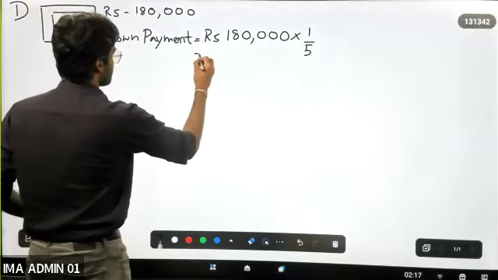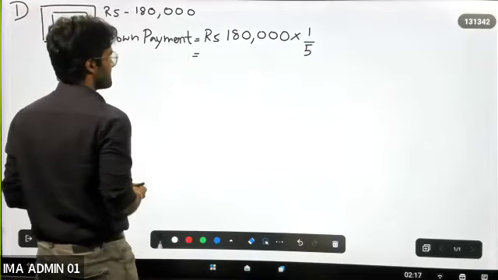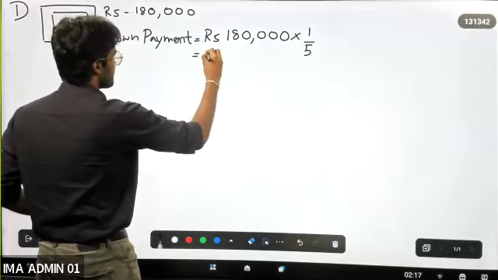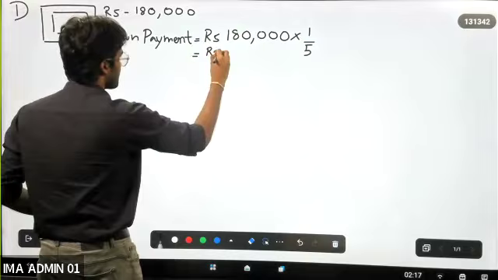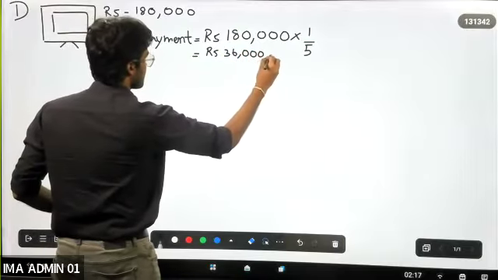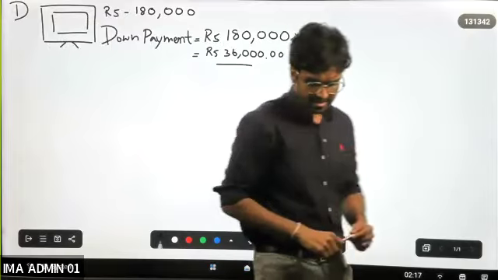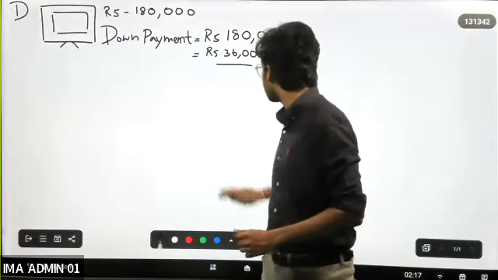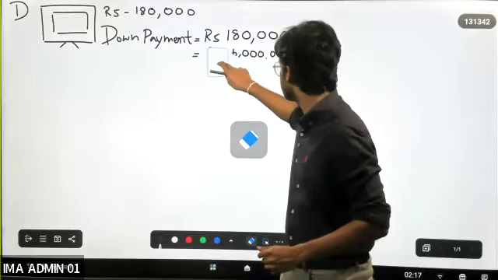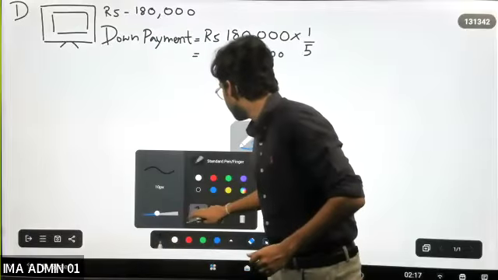So what's the down payment? 5 could be easily divided into 18, which gives 3 and 6. Yeah. Rupees 36,000. So I hope this is a simple part. And then we don't need to underline. Sorry. Oops. You don't need to actually underline any of this.